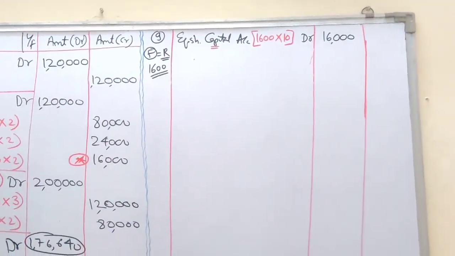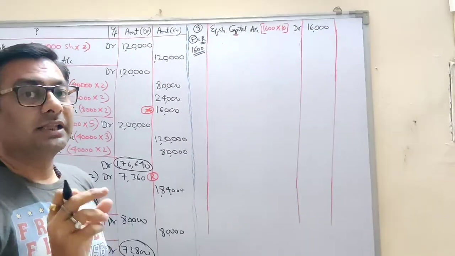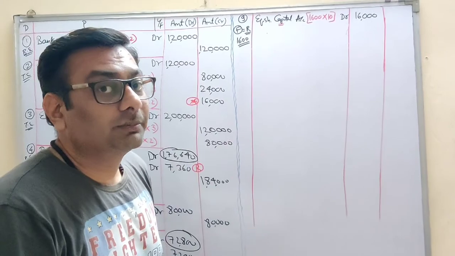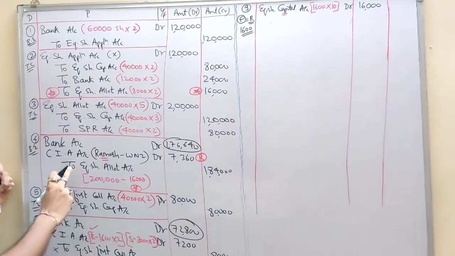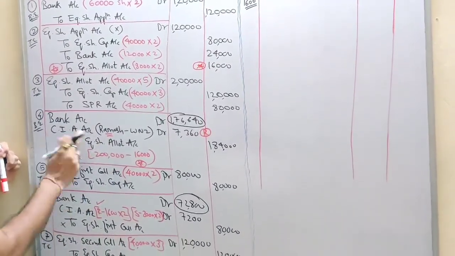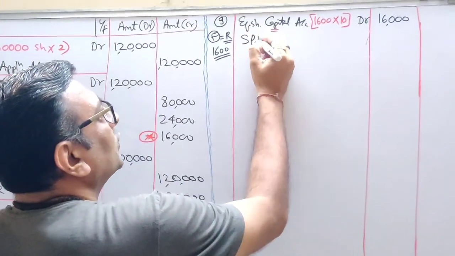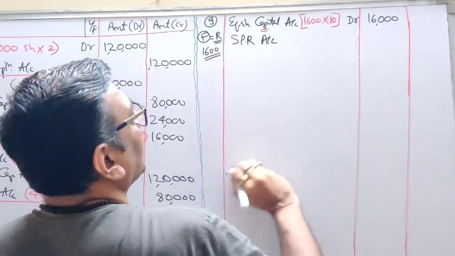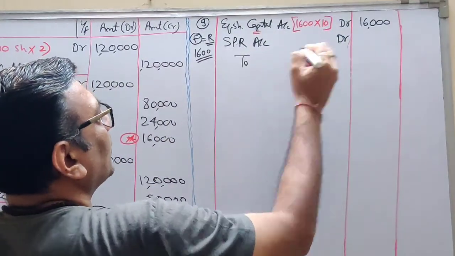Because he made arrear at the time of allotment, and remember students, that we have added premium in allotment, and allotment money is not received from Ramesh. See here, this is the allotment entry, and in allotment he made an arrear, so we have not received premium money. If premium money is not received, you will also debit the SPR account, so even this account will get debited. That's the reason we were getting it wrong.